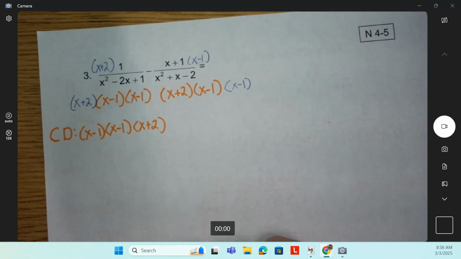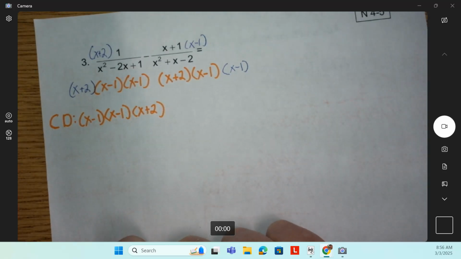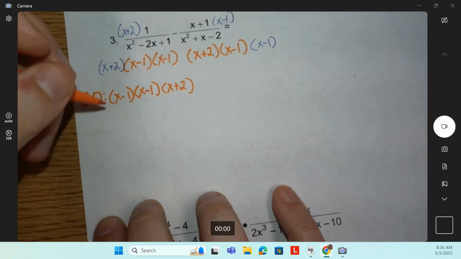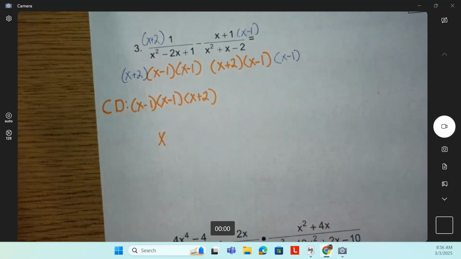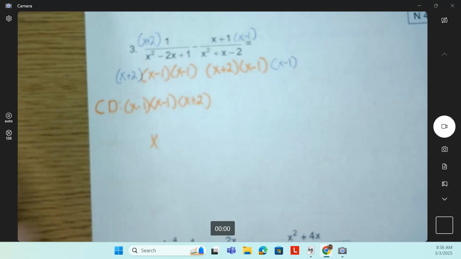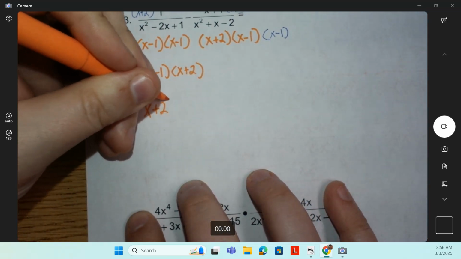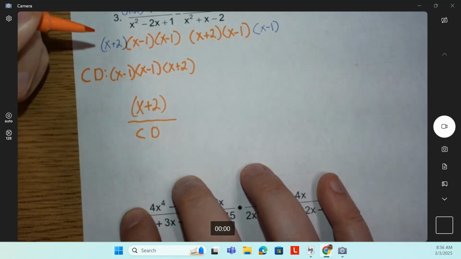And so everything's going to get multiplied together in my numerators. So for my first one, I'm going to end up with x plus 2 times 1 is going to give me x plus 2 on top. And I've got my common denominator on the bottom.